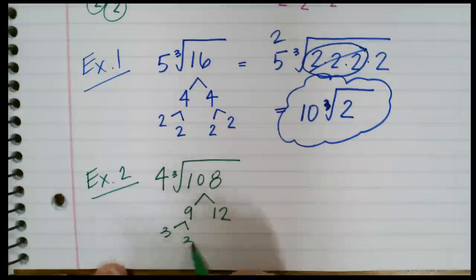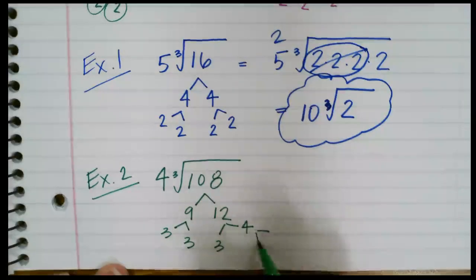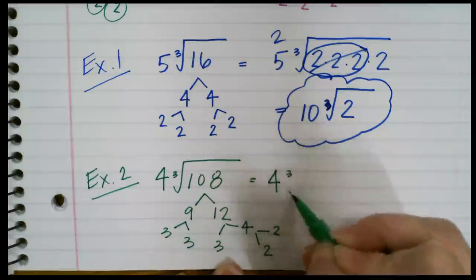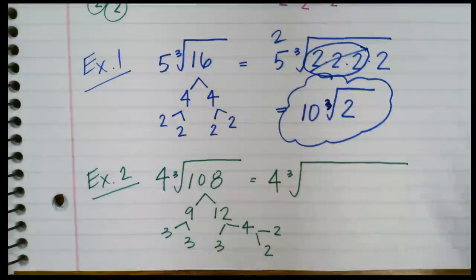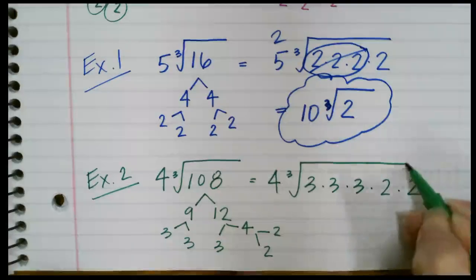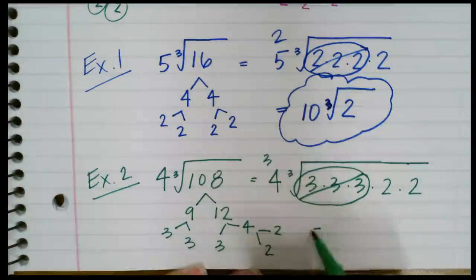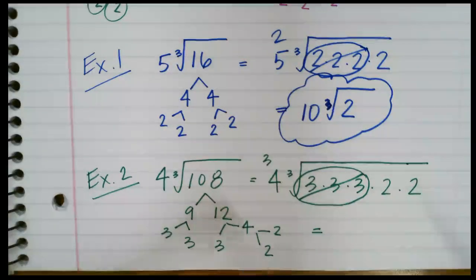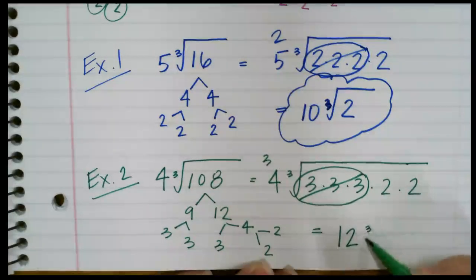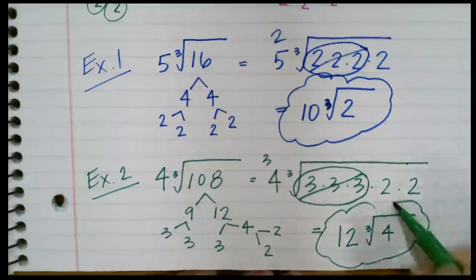We can put 9 as 3 and 3, and we can put 12 as 3 and 4, and then 4 can become 2 and 2. If we write it out, just so you can see how I'm canceling here, we have 3, 3, 3, 2, and 2. I have a group of 3 3s, so I can take that out. But I only have 2 2s, so I don't have enough to make a group of 3. So on the outside, we have 12, and then it's the cube root of 4. And that's going to be our answer.